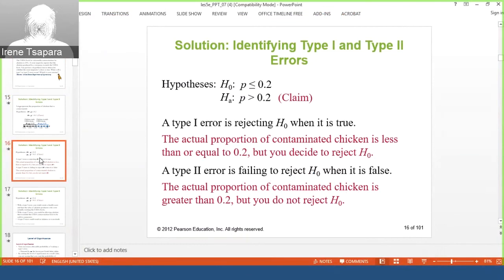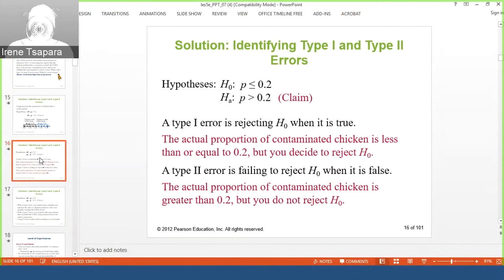And this is worse than destroying part of the chicken production, even if the contamination is under the limit. Okay, it will cost some money, but it's not going to cost any lives. The type 2 error in this case will cost lives.